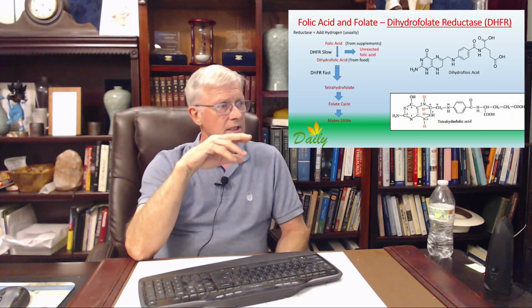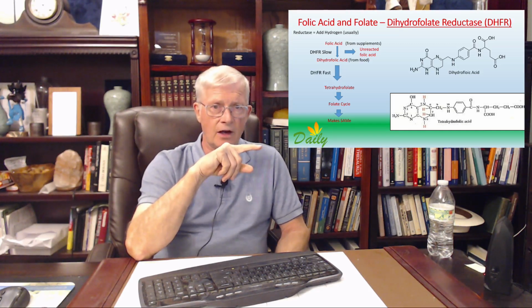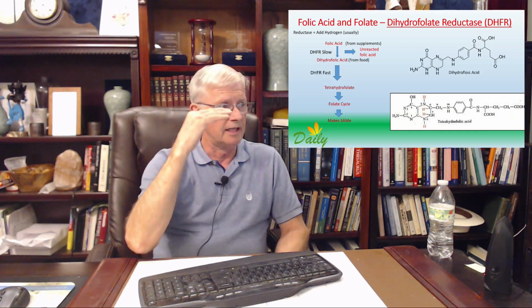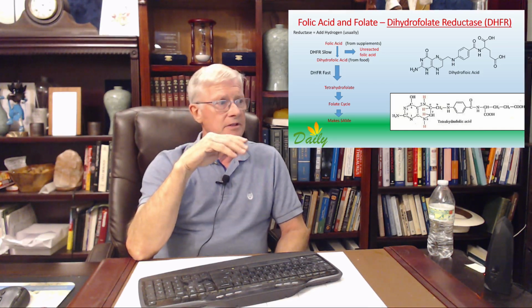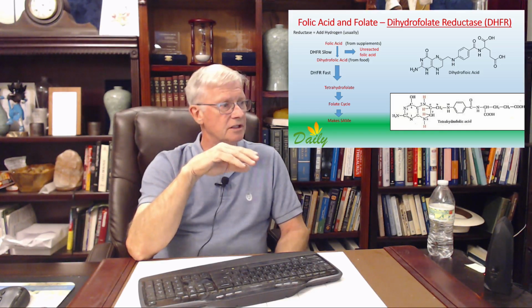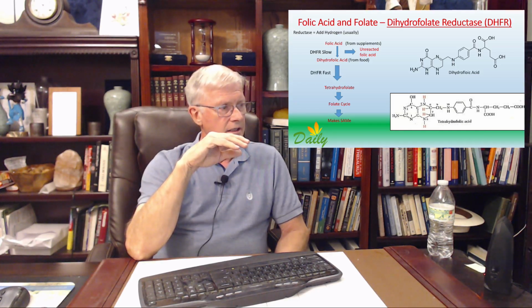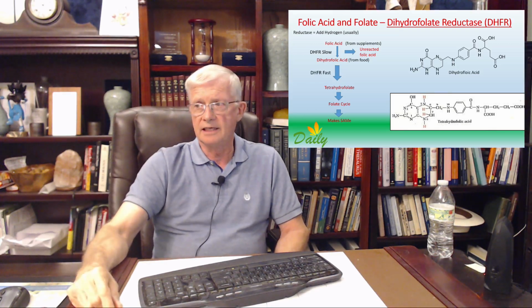It was probably because of people with genetic defects in the DHFR that were causing that high level of unreacted folic acid, and that was causing them to be deficient in tetrahydrofolic acid and in the folic acid cycle.